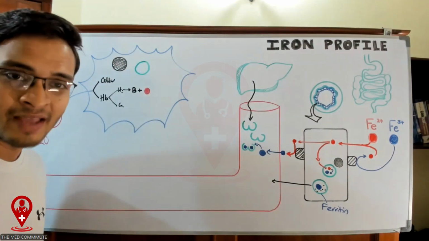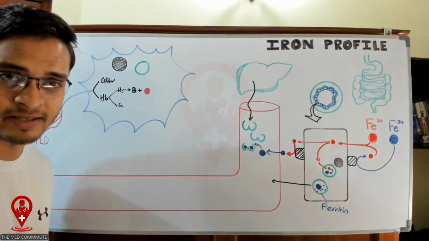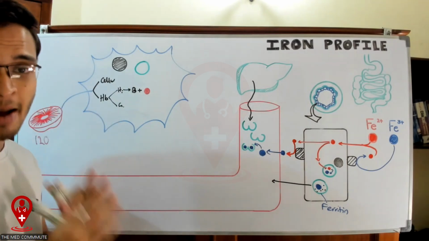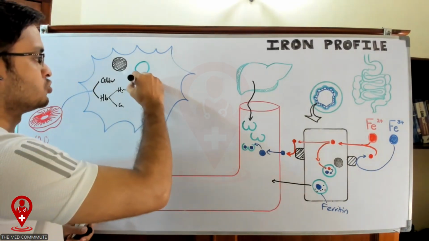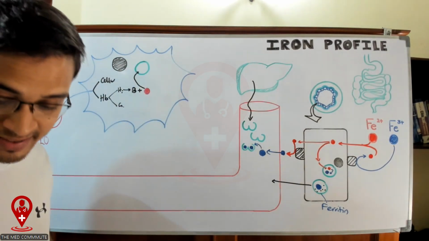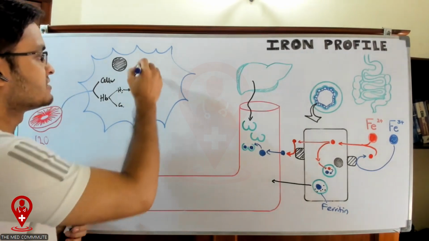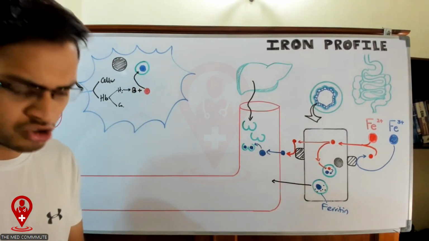The same process is going to happen here as well. Some of this apoferritin will take up this Fe2+, and there are some enzymes that will convert it to this ferric form, the blue form, and store it.